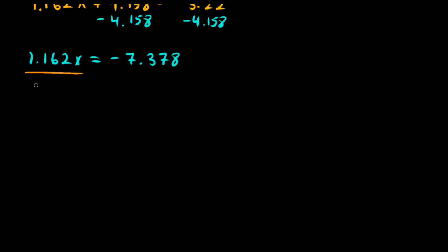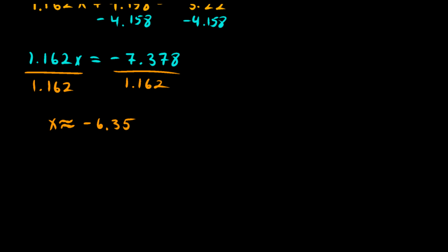Now let's divide both sides by 1.162. So x is going to be approximately negative 6.35. Well, a lot of this is calculator work.